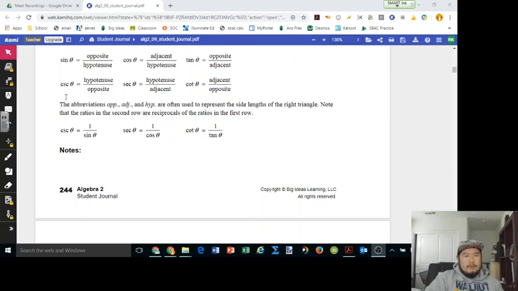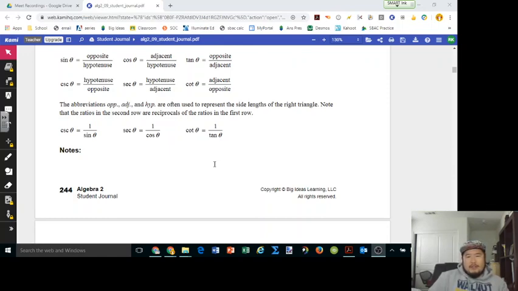Now, below that right here, we have another. They show you cosecant theta is equal to 1 over sine theta. Secant theta is equal to 1 over cosine theta, and cotangent theta is equal to 1 over tangent theta.